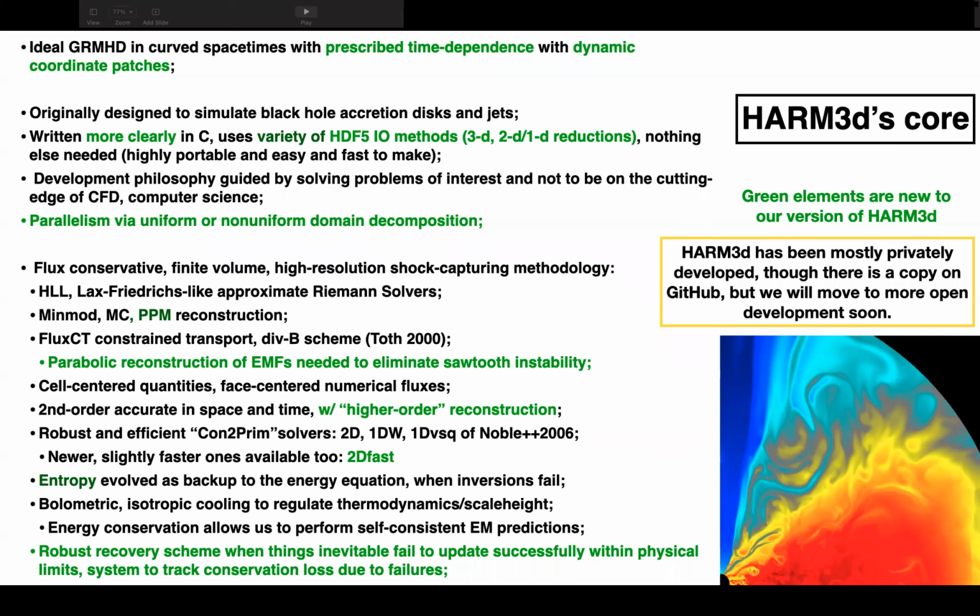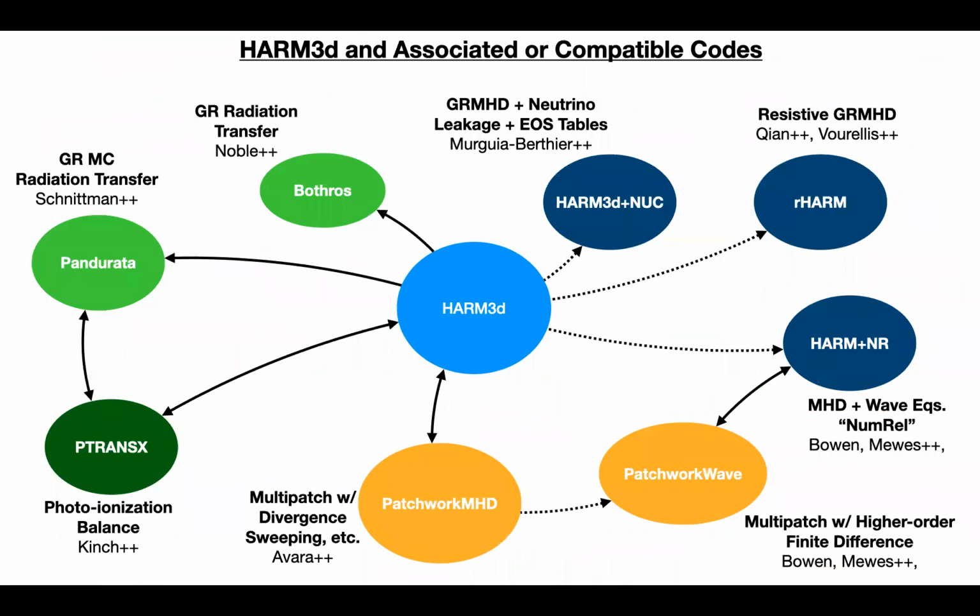Nothing very fancy MHD-wise, but it's robust. It has a pretty sophisticated failure recovery scheme, so that you can recover from failures on physical conditions and then continue the simulation.